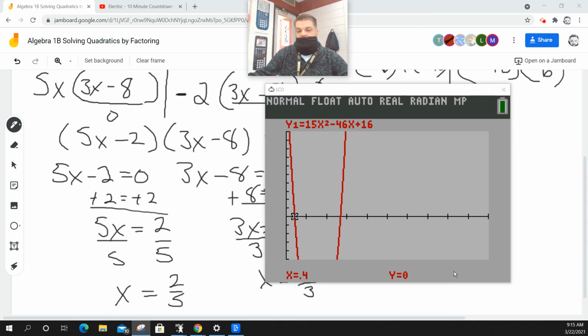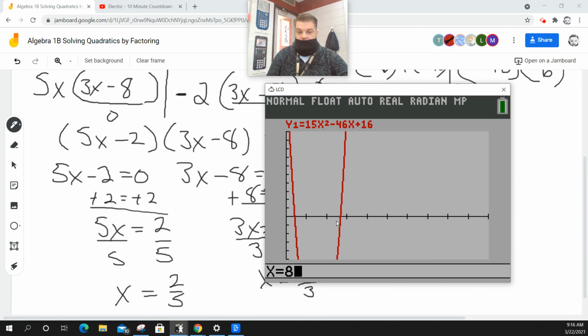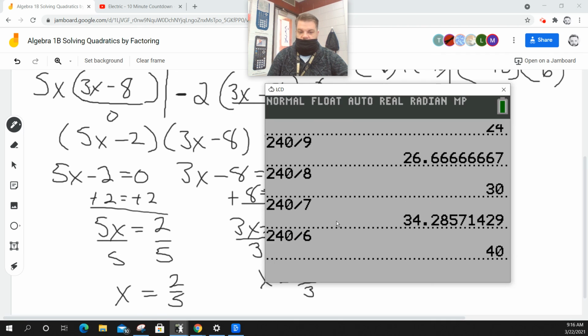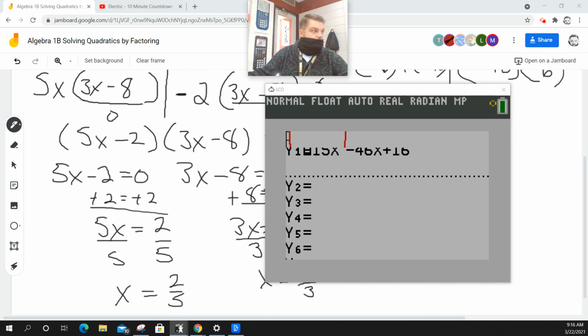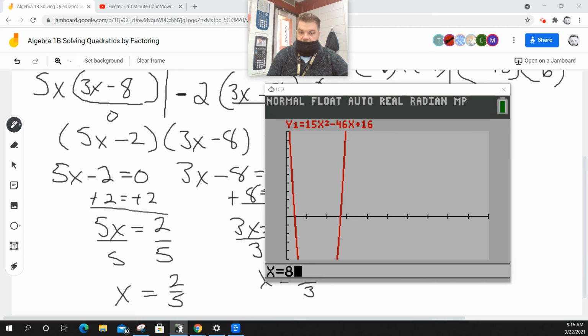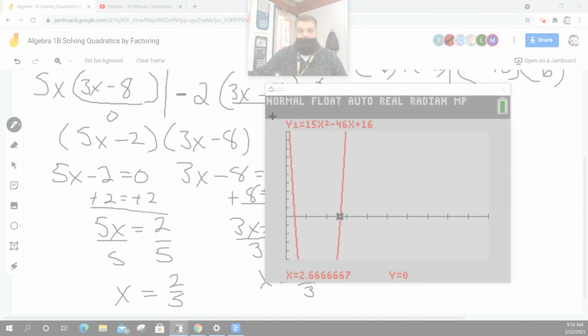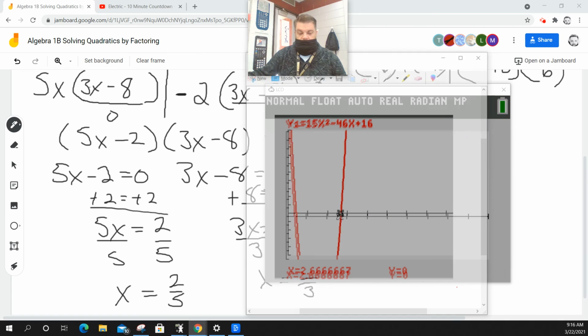Now the other one was 8 divided by 3. If I say 8 divided by 3, then that gives me the other 0. Okay? So I was right. All my math was right. That was correct.